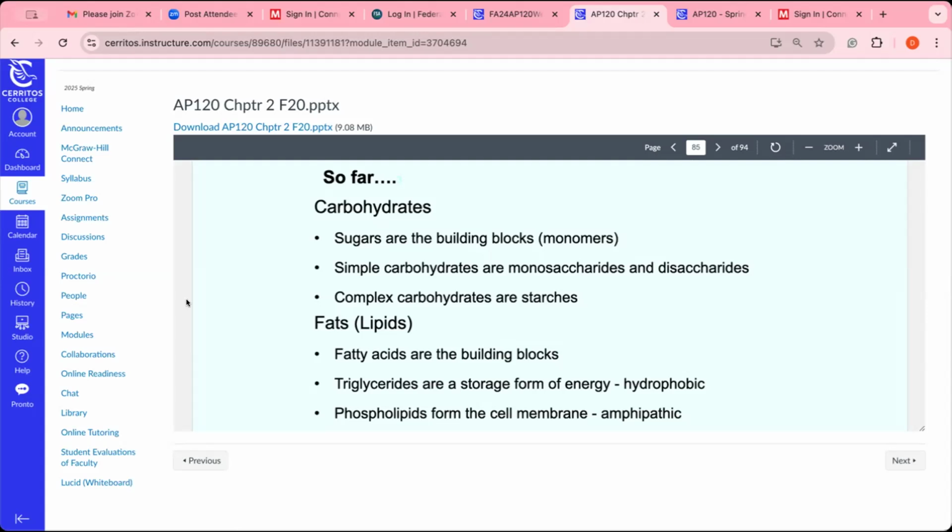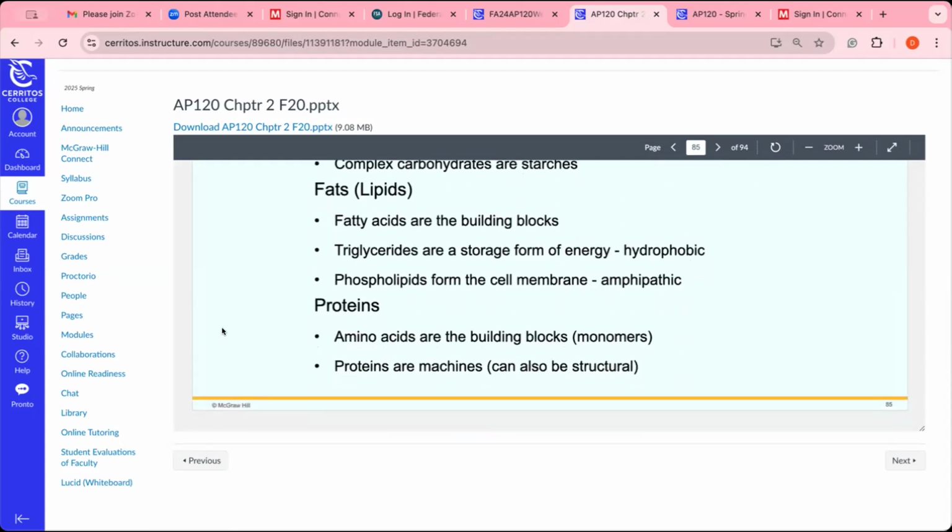Phospholipids form the cell membrane and they're amphipathic, so they have the hydrophilic head and the hydrophobic tails. Proteins are made from amino acids. Proteins are machines that can also be structural. That's what we just recapped.